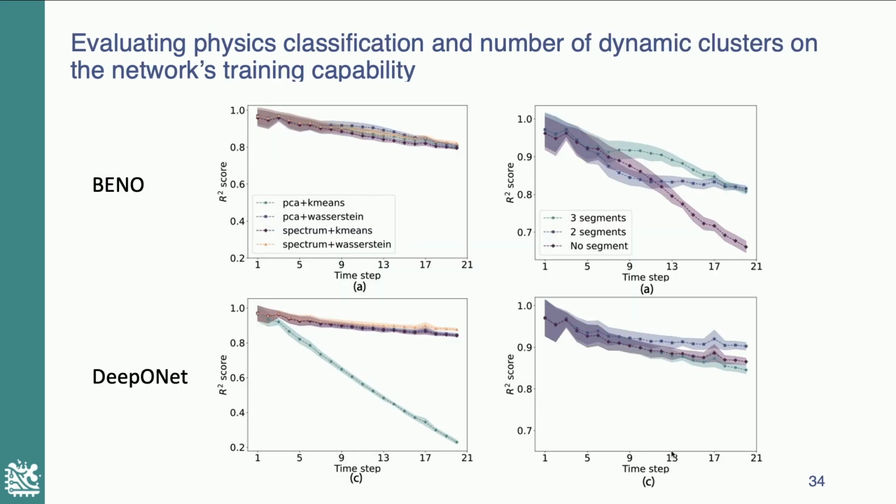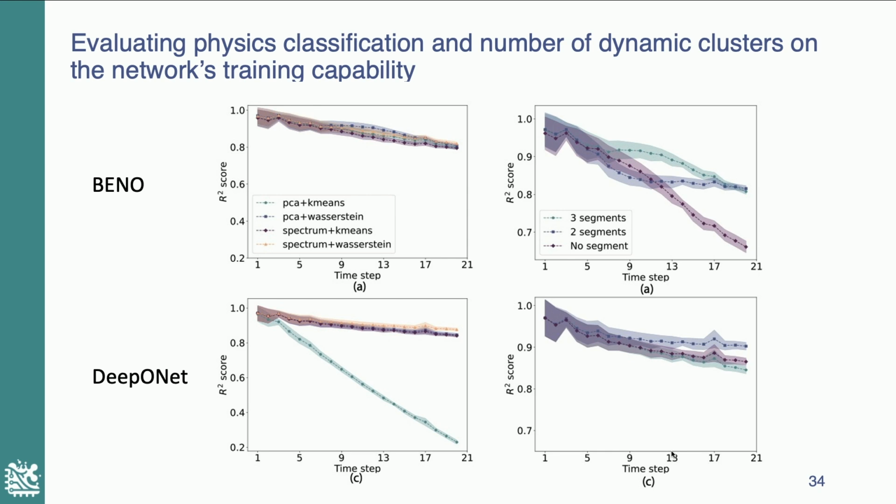We also did a lot of analysis of what was better to classify the physics, and whether there was a difference between using one, two, or three different types of models when classifying the physics. In general, we found that using the energy spectrum and mostly the Wasserstein distance tended to be the combination that would better cluster these different physical features.